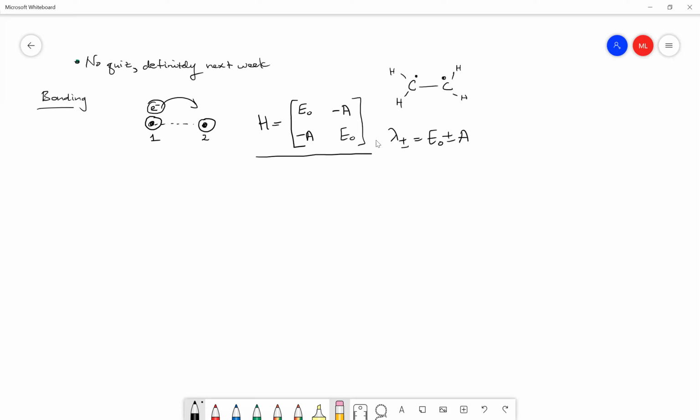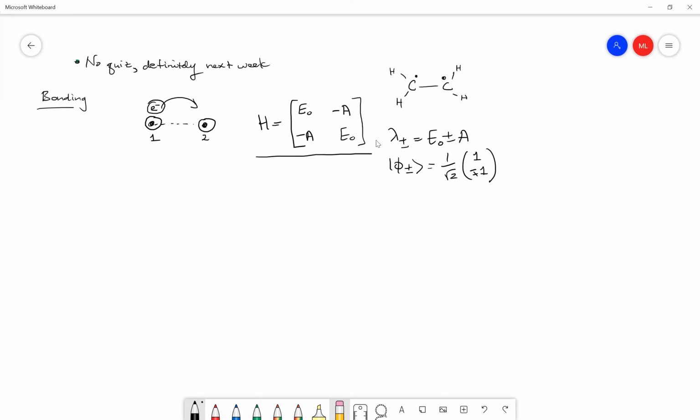And the associated eigenstates, phi plus or minus, are just the two combinations of the two bound states, either the symmetric combination of the two bound states of the two carbons or an anti-symmetric one.